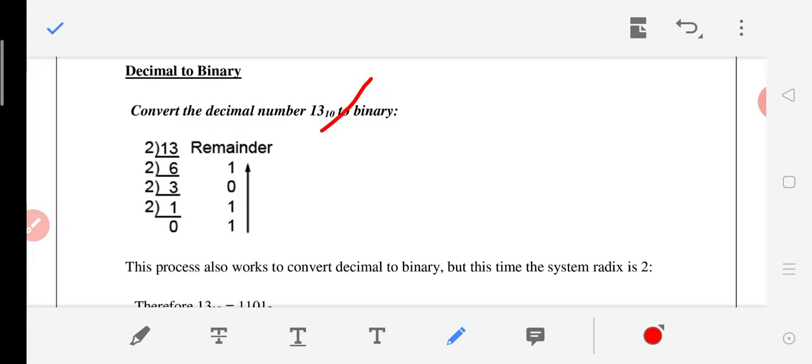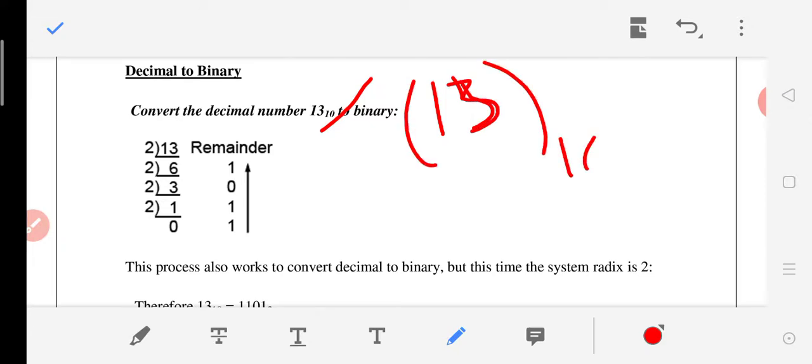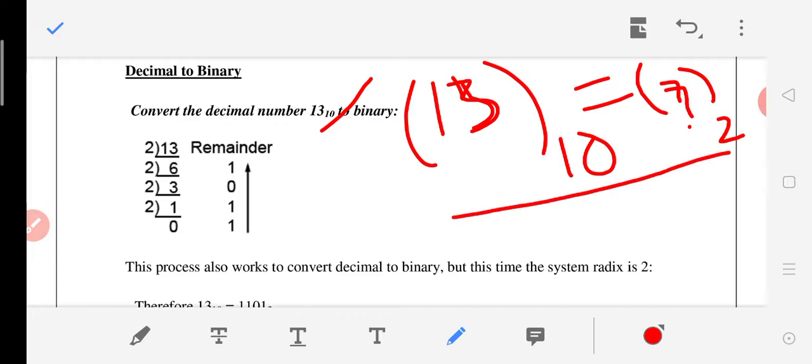It shows in examination papers also, sometimes, not always. The examiner asks, find the binary equivalent of decimal 13. In this way the question is asked in examinations.